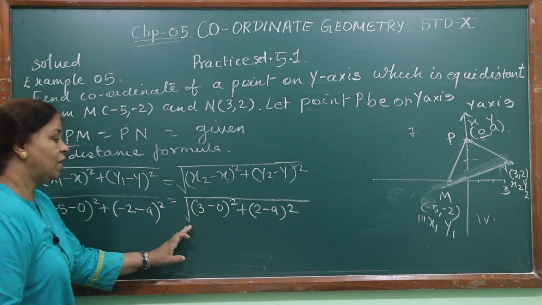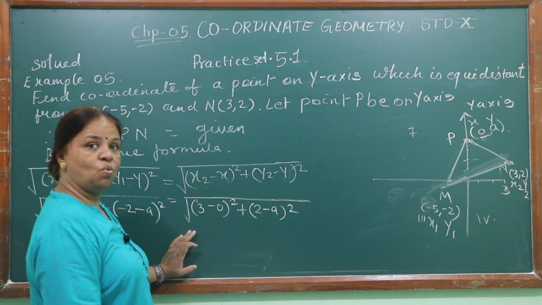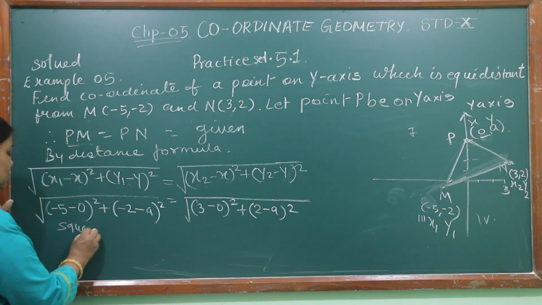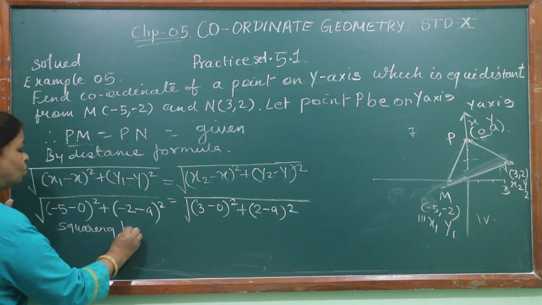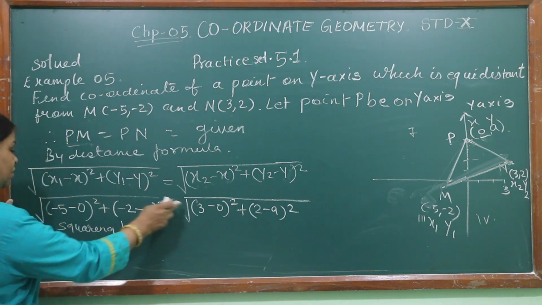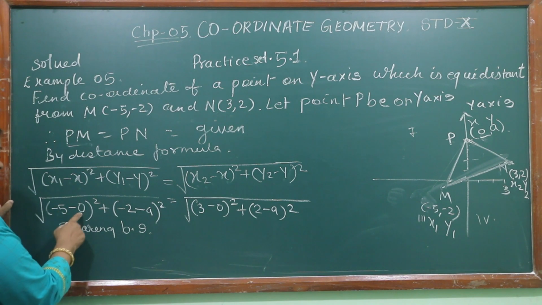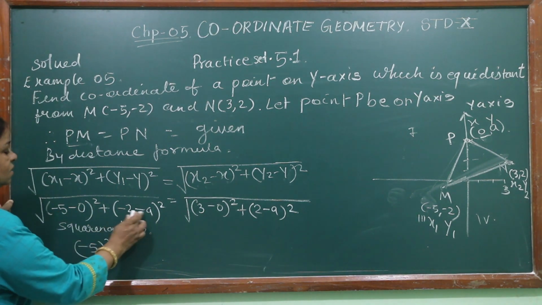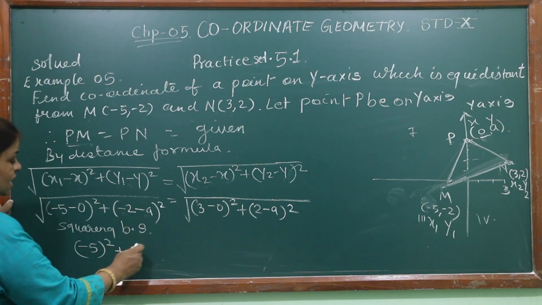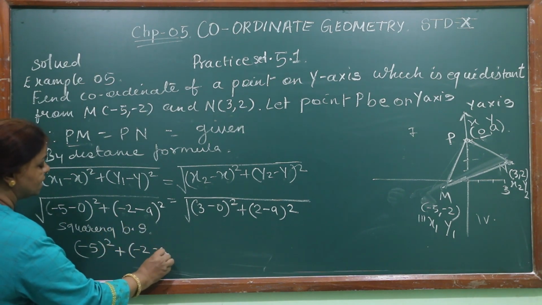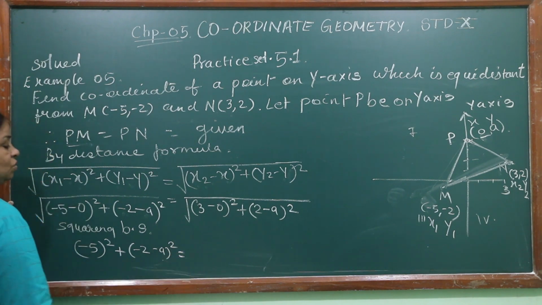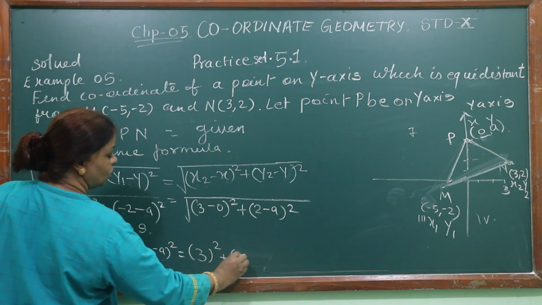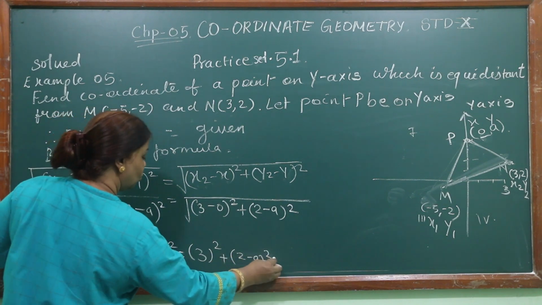Since square root is on both sides, we can square both sides. What will we get? Minus 5 minus 0 is minus 5, the whole square, plus minus 2 minus a the whole square, is equal to 3 square plus 2 minus a the whole square.